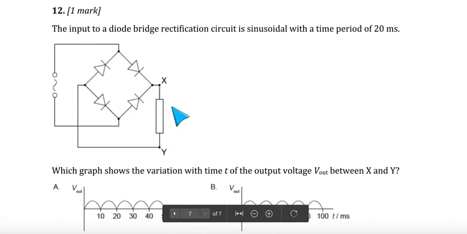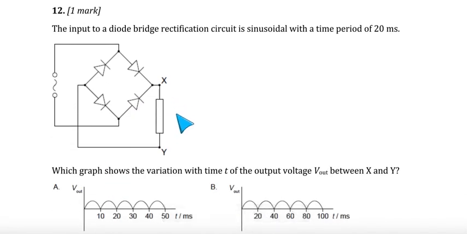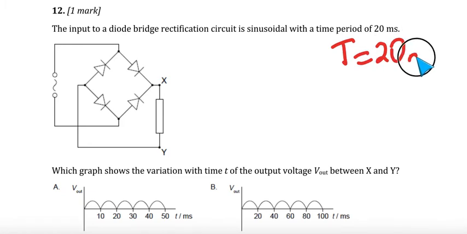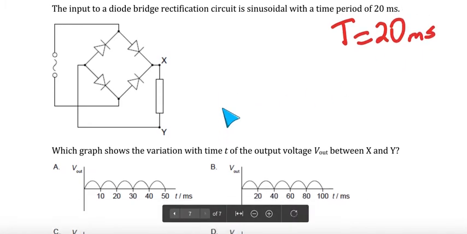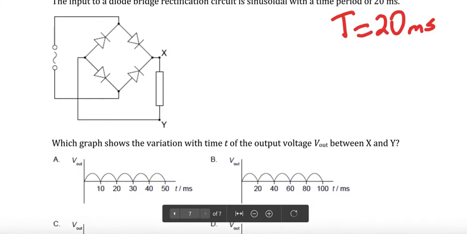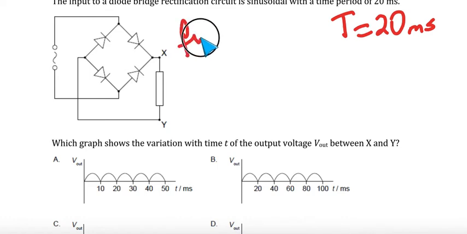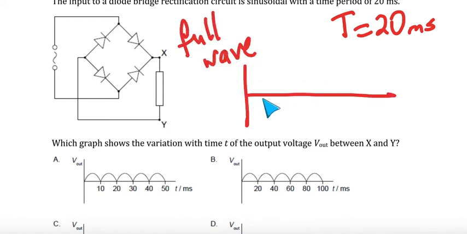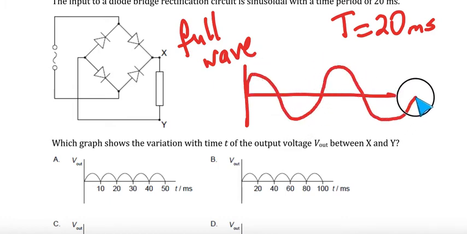The last question on this worksheet, number 12. This has an input to a diode bridge rectification circuit with a time period of 20 milliseconds. We're looking for the V versus time graph. Since this is full wave rectification, the original signal would be a sinusoidal function.